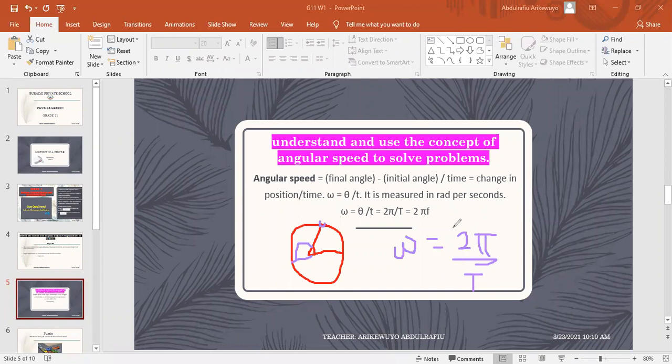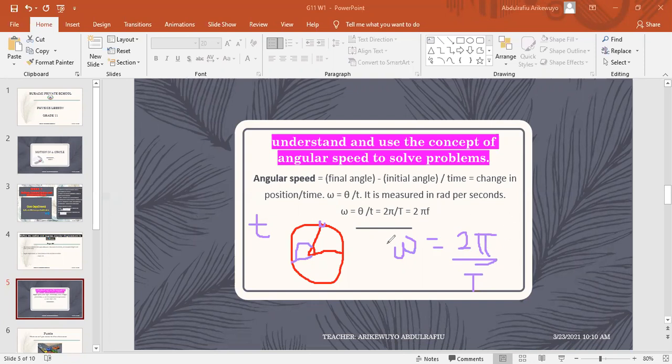Time. You are very close. It is period. In circular motion, you call that period, right? Period T, because it's capital. The small t is time. So when you write a big T, you call that period. Is that okay?